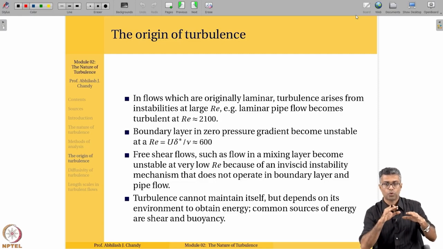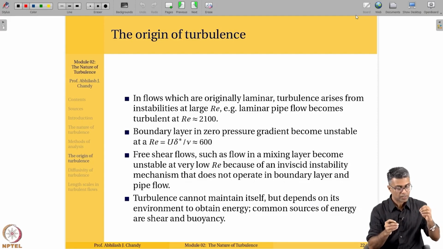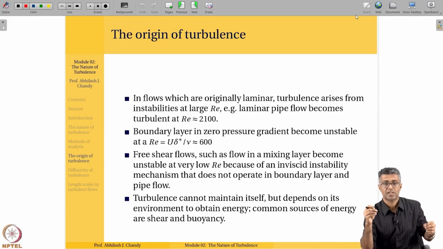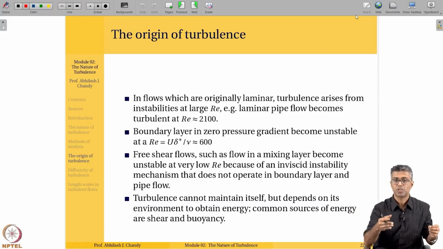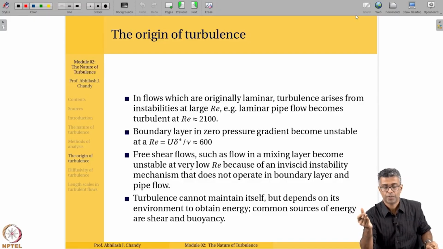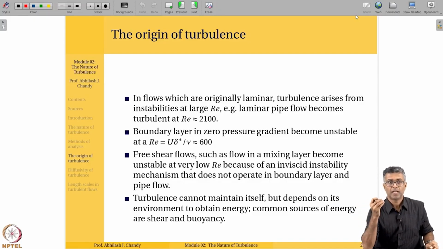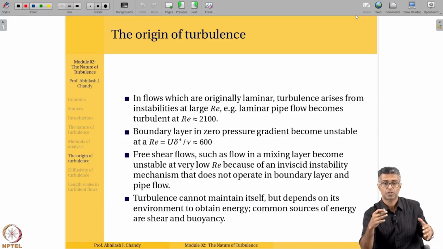So in flows which are originally laminar, turbulence arises from certain instabilities. These instabilities start at certain points in space and certain points in time, and then they propagate. What determines whether they propagate or not? For example, in a pipe flow, flow transitions from laminar to turbulent at a Reynolds number of approximately 2100.